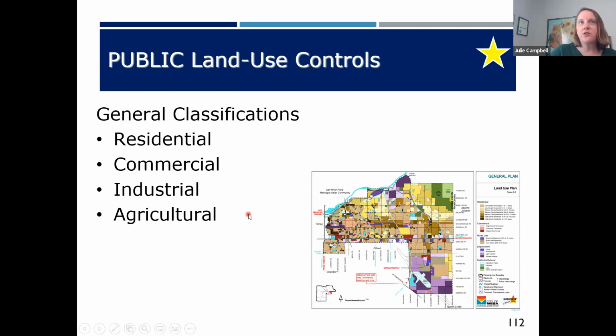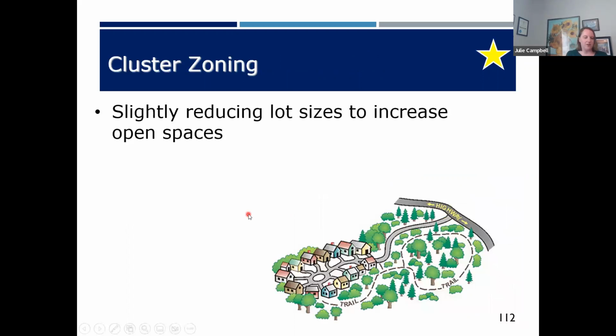The first zoning term we have is something called cluster zoning. Cluster zoning is pretty much our cul-de-sacs. The developer may use cluster zoning if they can slightly reduce the lot sizes, which increases the open spaces. You see how around this little circle we have all these houses lined up?